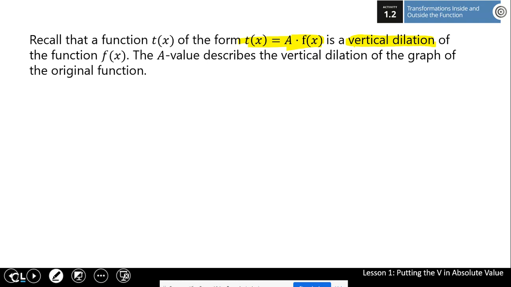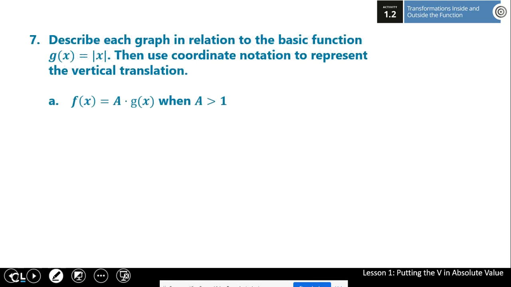The a value describes the vertical dilation of the graph of the original function, which we'll get into right now. So whenever a is greater than 1, it is a vertical stretch. And we'll go back and look at it here in a second.